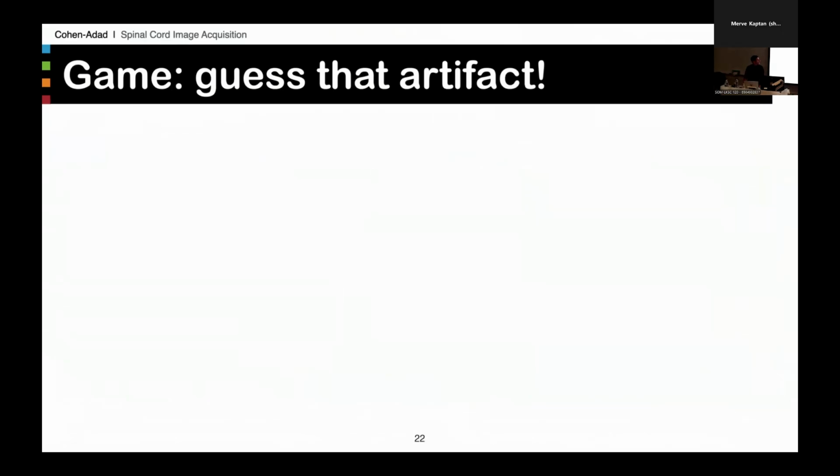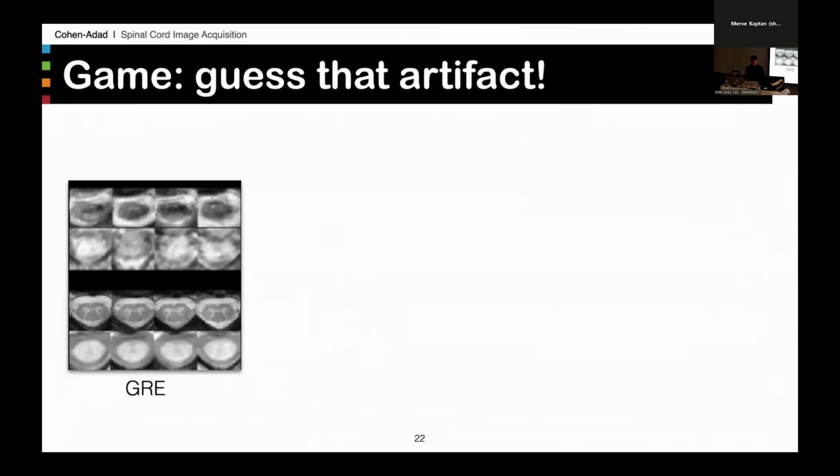All right. So game is on. Game is on. So who thinks the artifact is on the top? At the bottom? Right. Good. So that's pretty ugly, right? We're looking at axial views of GRE scans.